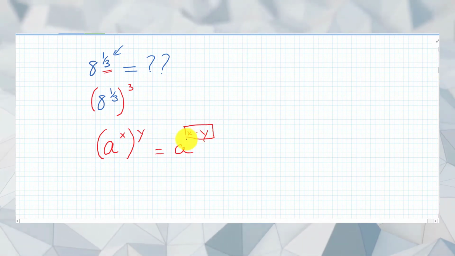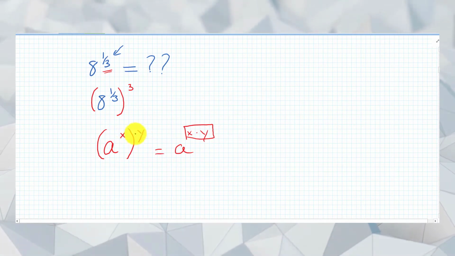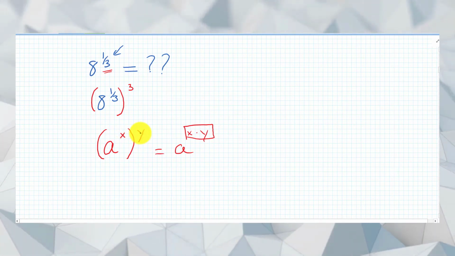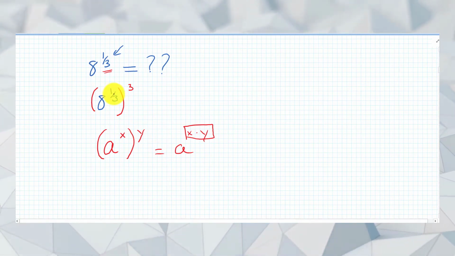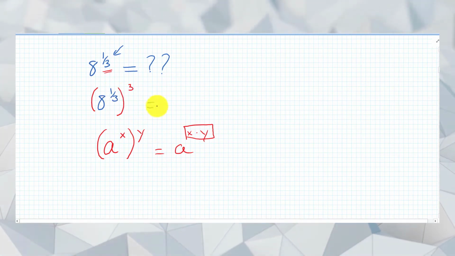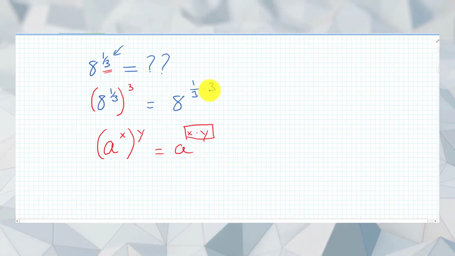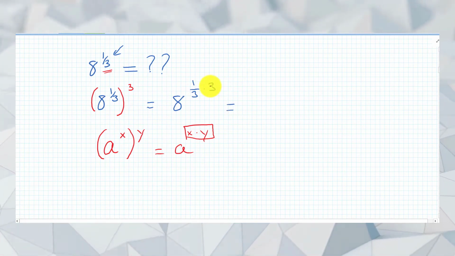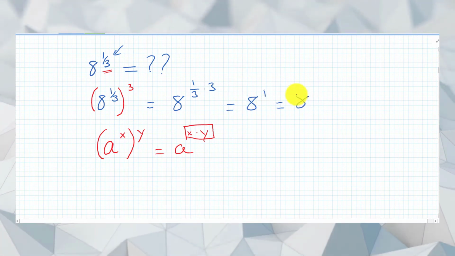And I want this rule to be unchanged if x and y are natural numbers or positive rational numbers. So 8 to the 1/3 to the power of 3 should be equal to 8 to the 1/3 times 3. Now, what is 1/3 times 3? It is 1, and 8 to the first power is 8.